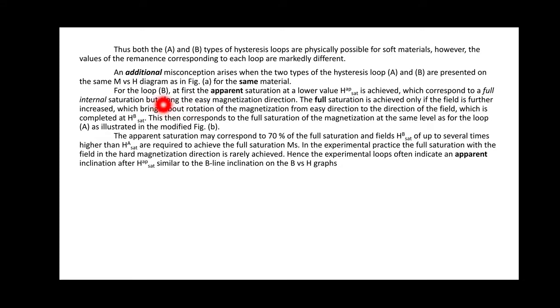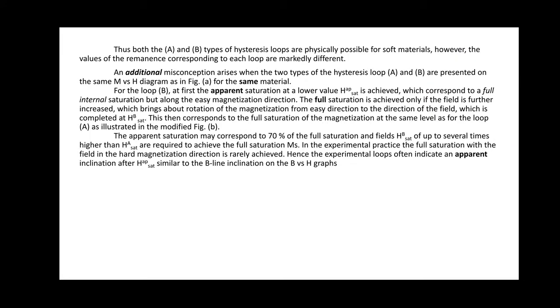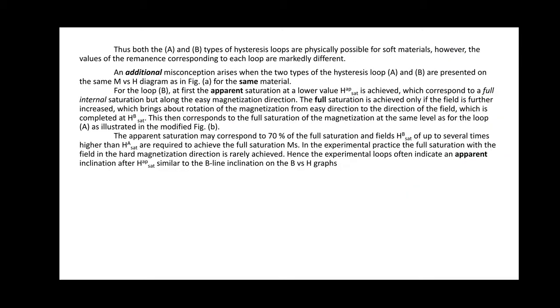For loop B, apparent saturation is achieved at a lower value of H, corresponding to full internal saturation but along the easy magnetic direction. In loop B, saturation is reached due to the internal saturation along the easy direction.